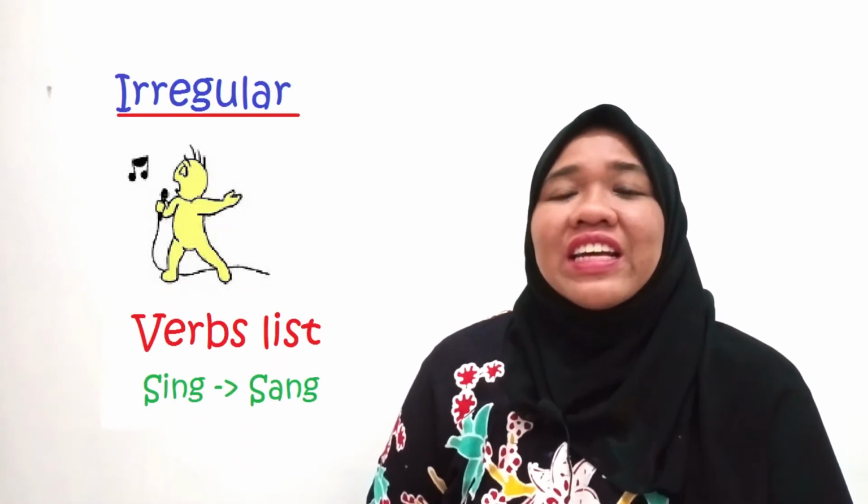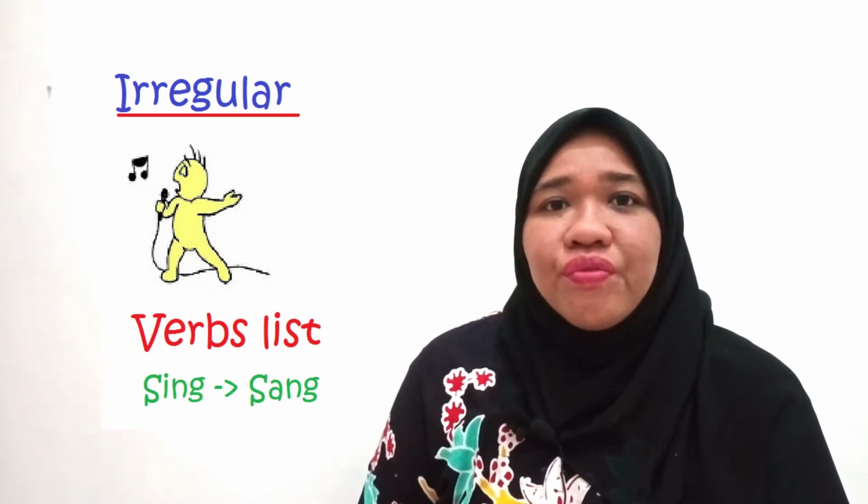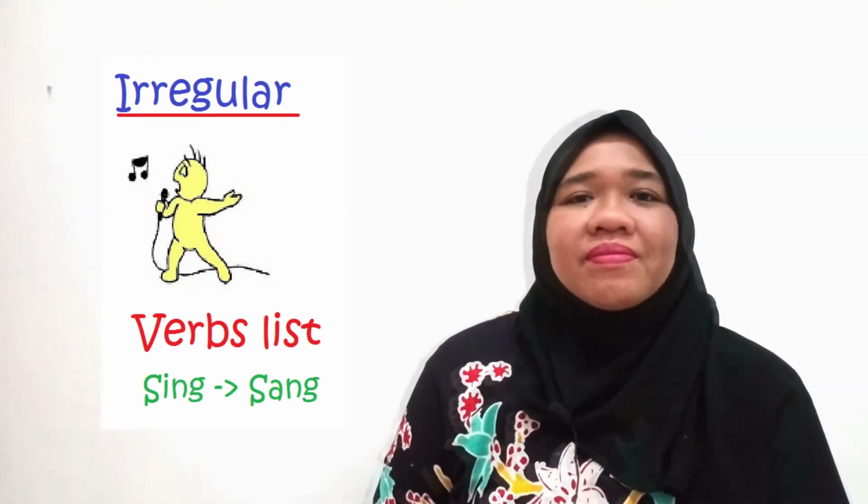Fly became flown. They change. They change a lot. That's why they call them irregular verbs. And that's the reason why you need to print the list of irregular verbs, because you need to memorize them.